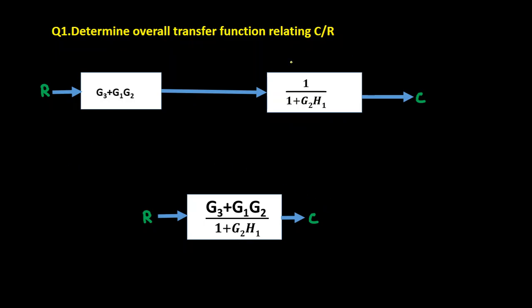So our answer is C by R is equal to G3 plus G1 into G2 whole divided by 1 plus G2 H1. In this way we can solve the problems of block diagrams by block diagram reduction techniques.